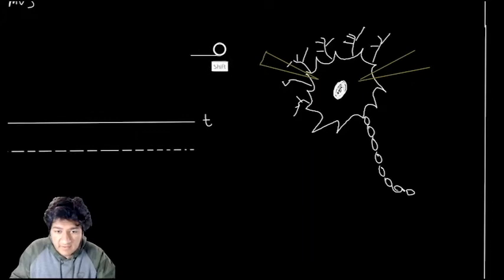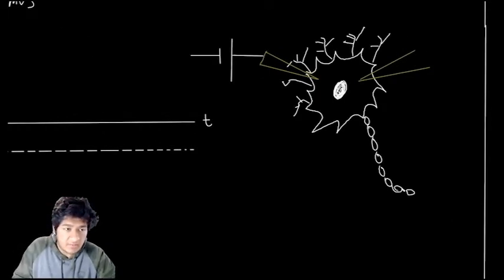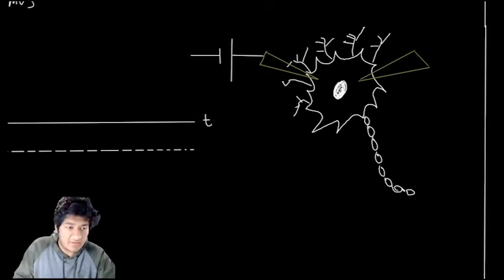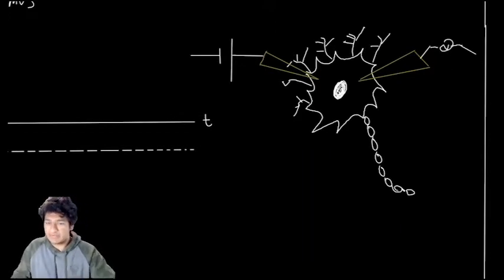We'll also talk about how the configuration of the battery will determine what is going on. And over here, this side is going to be connected to a voltmeter that will track the potential difference across.